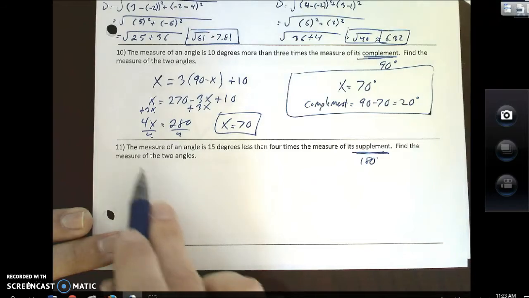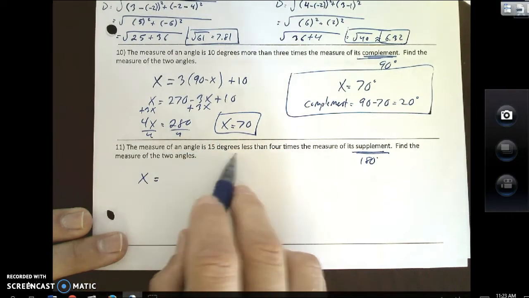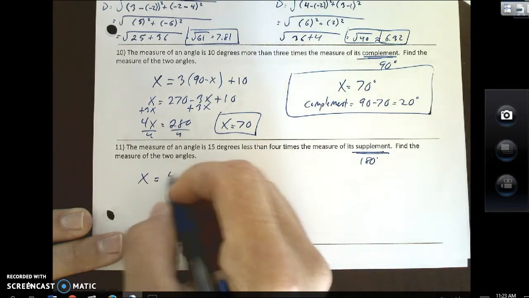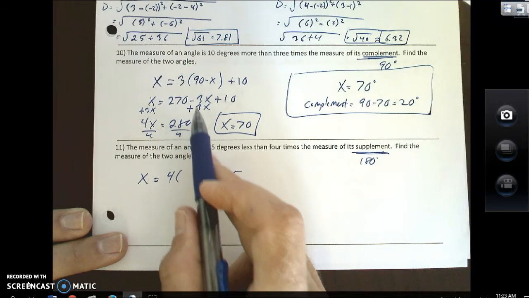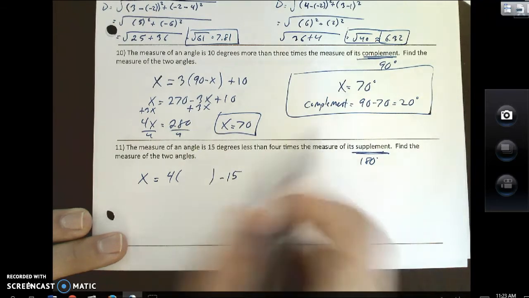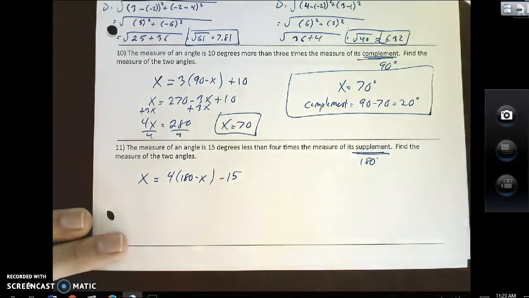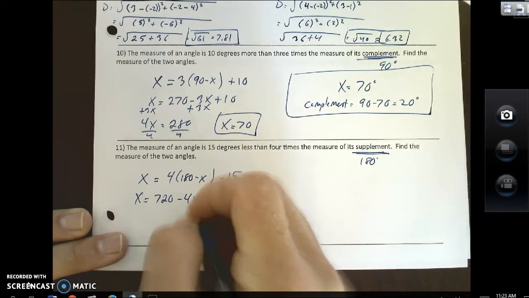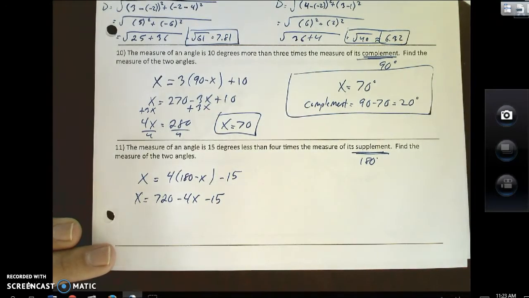So let's go through this one. The measure of an angle, x, equals 15 degrees less, that's minus 15, 4 times the measure of its supplement. So if complement was 90 minus x, supplement is 180 minus x. Now for this, x equals 720 minus 4x minus 15. Okay.